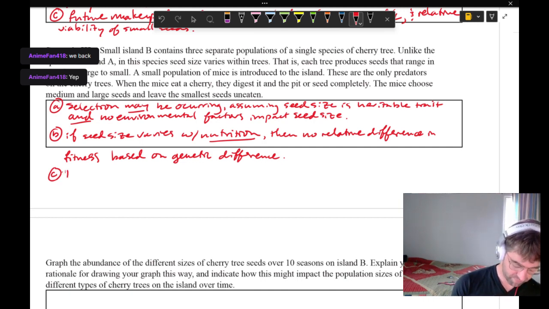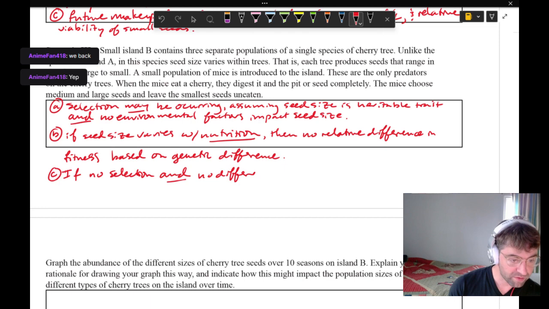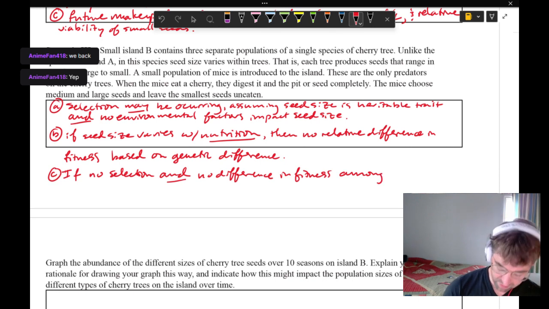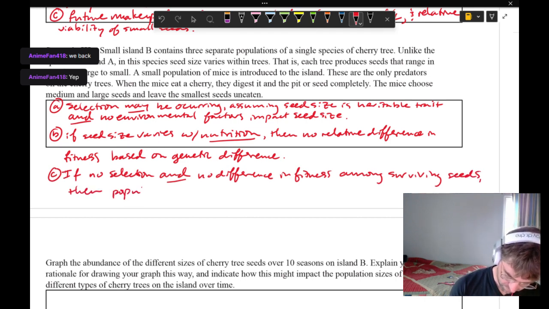If there's no selection and no difference in fitness among surviving seeds, then the population should remain stable.